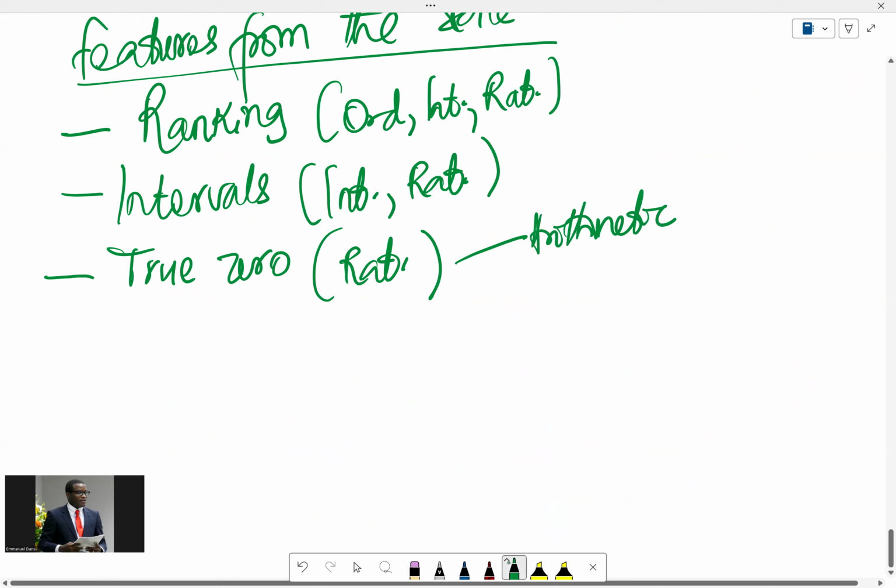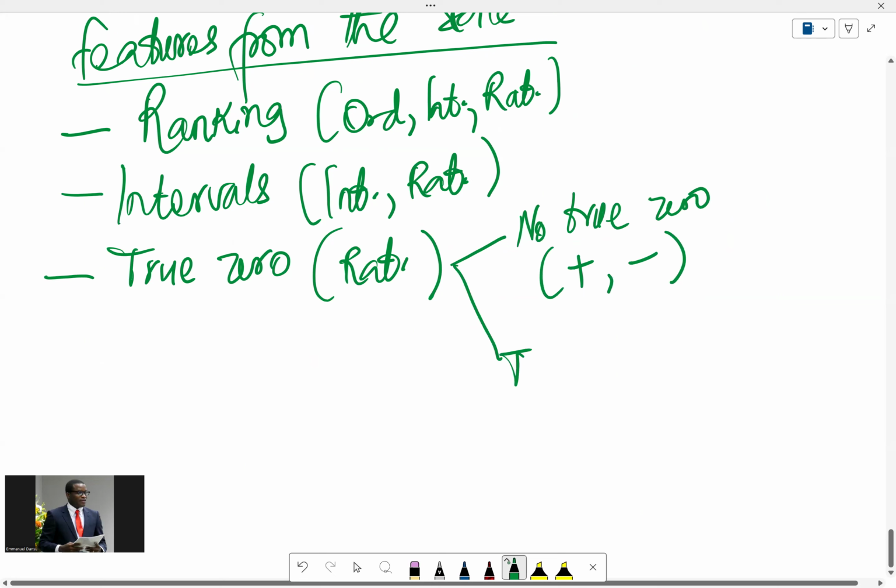So arithmetic operations. Okay, let's do it this way. When there's ranking with no true zero, you can have just addition and subtraction. But when you have true zero, you can have addition, subtraction, multiplication, and division.